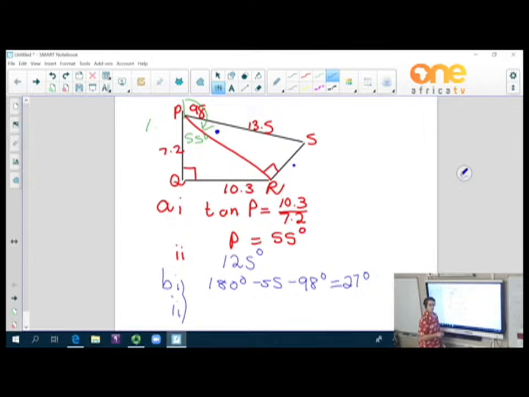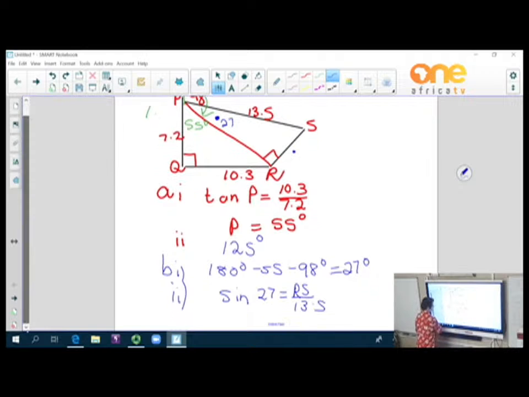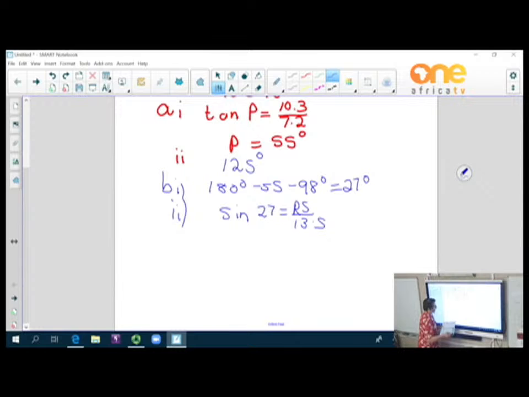So this is a right angle triangle again that I'm using. I know that this angle is 27 degrees. Which function will I be using? Sine. So sine 27 degrees is then equal to RS over 13.5, which is the hypotenuse there. And then which method?